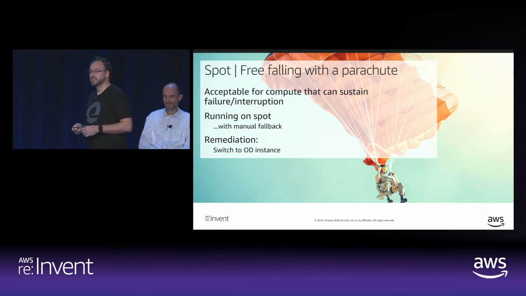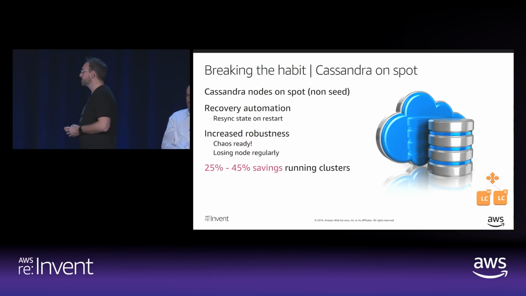So remember those Cassandra clusters? We decided to apply this strategy on them and run part of our clusters on Spot to further reduce our cost of operation. Cassandra is fully compatible with this strategy because it is resilient by design, and it can run with some node failure.